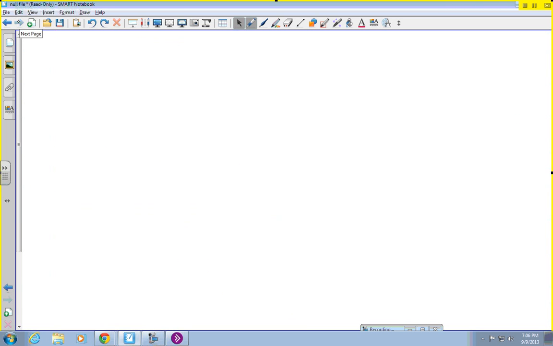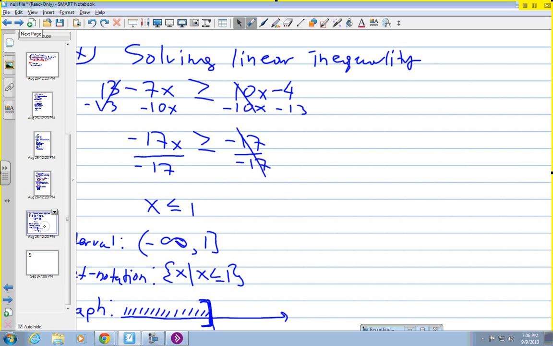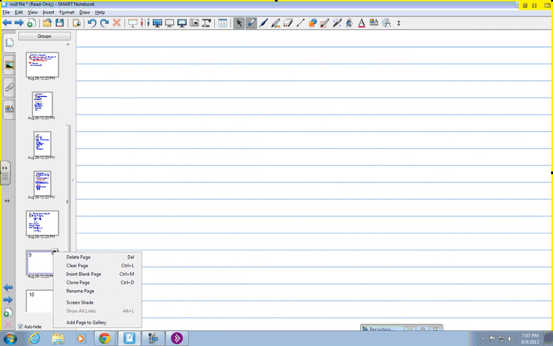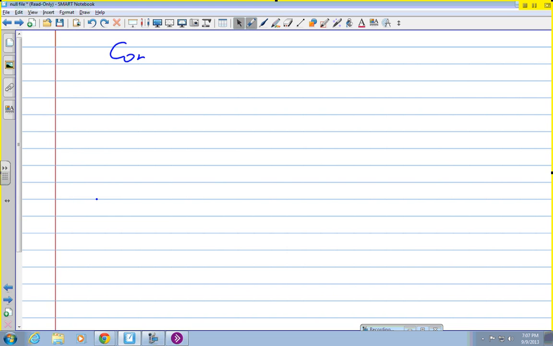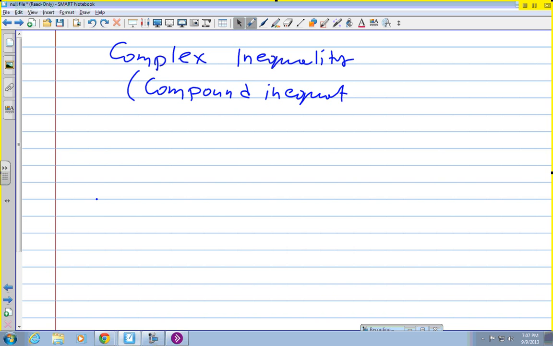Now, this is what we call a compound inequality. It's when you have one statement that has two inequalities at the same time.